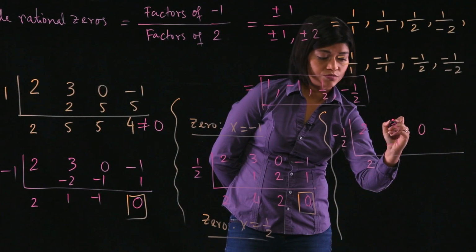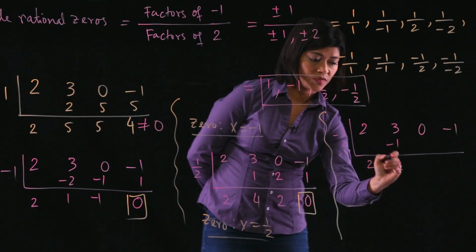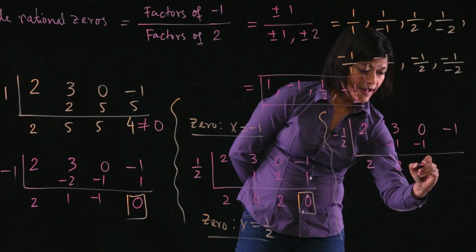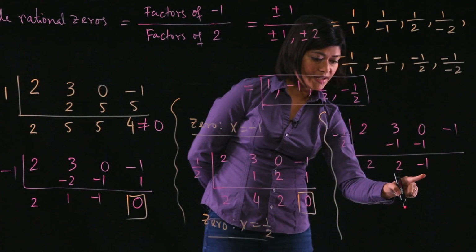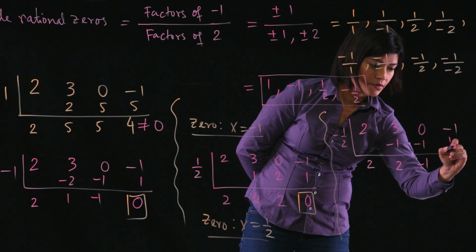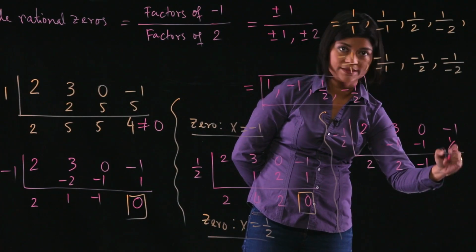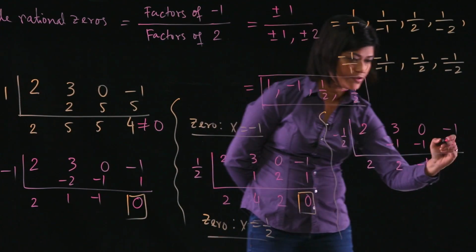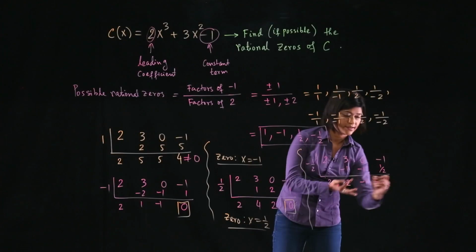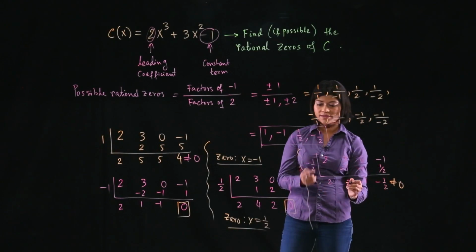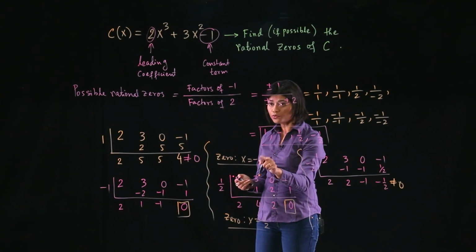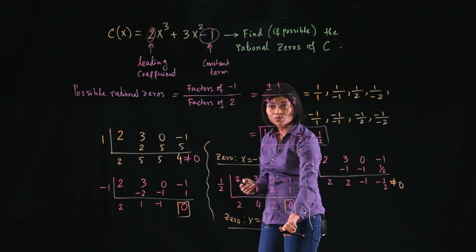Negative 1 plus 3 is 2. Again, 2 times negative 1/2 is negative 1. You add, you get negative 1. Negative 1 times negative 1/2 is positive 1/2. You see right away that this remainder is not going to be 0. 1/2 minus 1 is negative 1/2, which is not 0, which means negative 1/2 is not a 0.